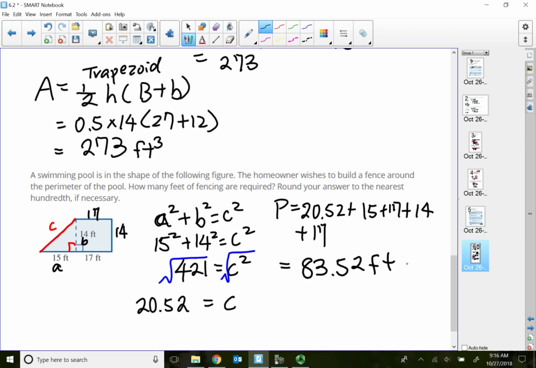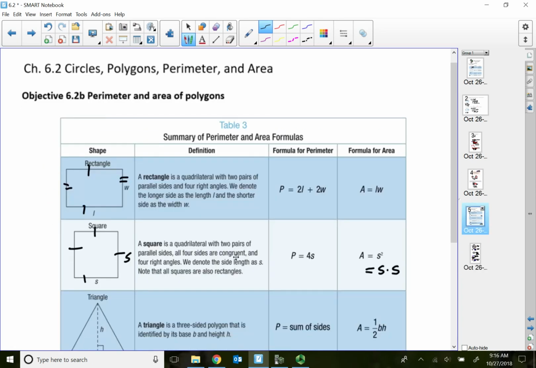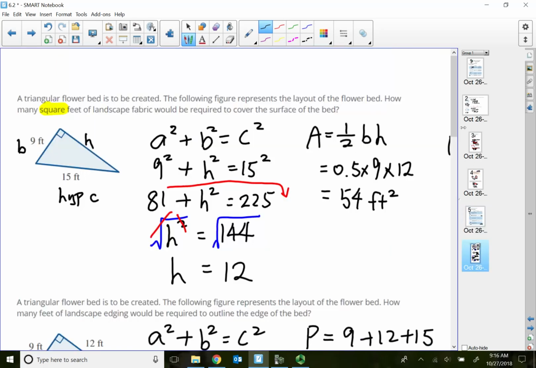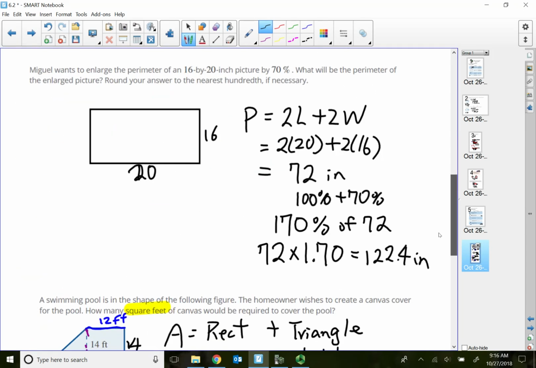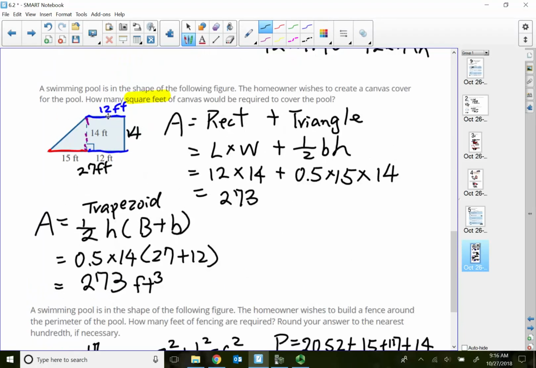All right, so in this lecture video, we talked about area and perimeter of rectangles, squares, triangles, parallelograms, and trapezoids. We ended up having to use the Pythagorean theorem to help us find the missing side of a right triangle in order to continue to find the perimeter and area of my trapezoid.